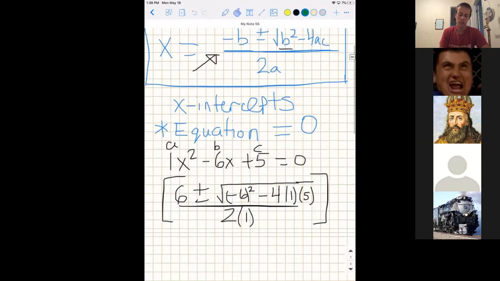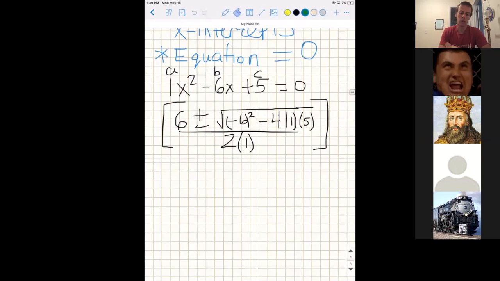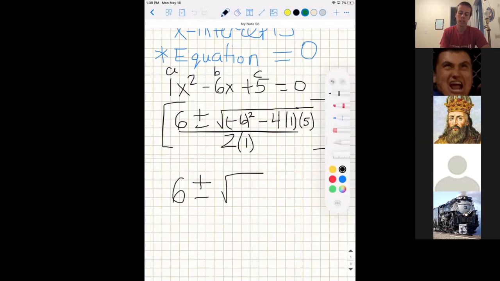All right. Well, we can start to simplify some things from here. So this is why we spent a lot of time simplifying square roots. So we have 6 plus or minus the square root of negative 6 squared. Negative 6 times negative 6 is a positive 36. And then we have minus, so 4 times 1 is 4, and 4 times 5 would be 20.